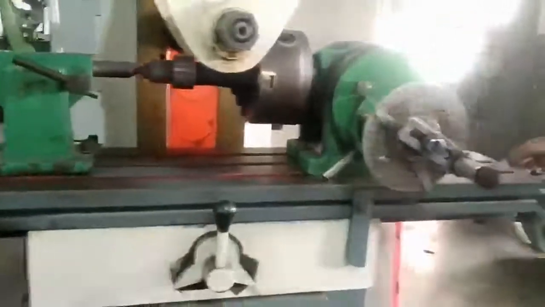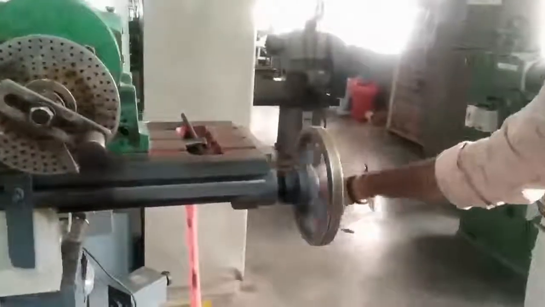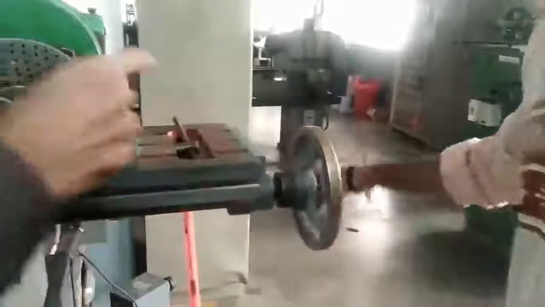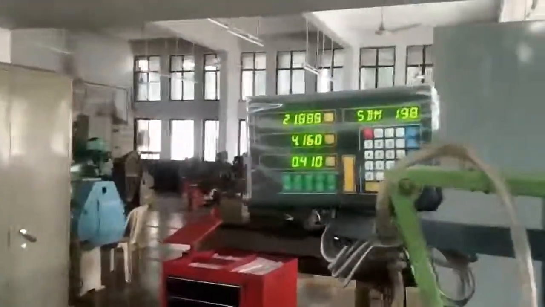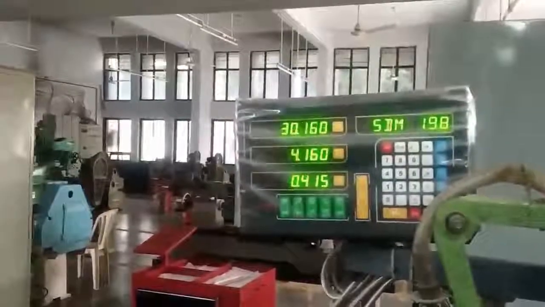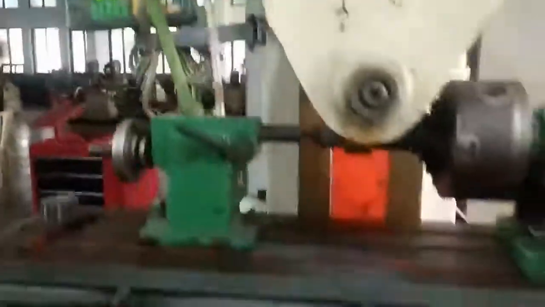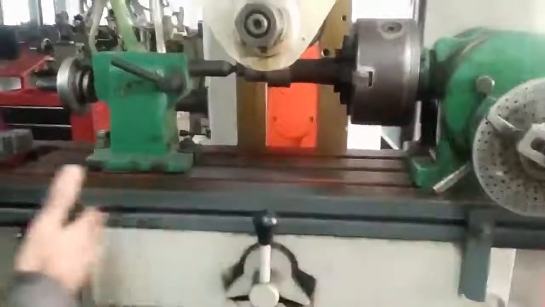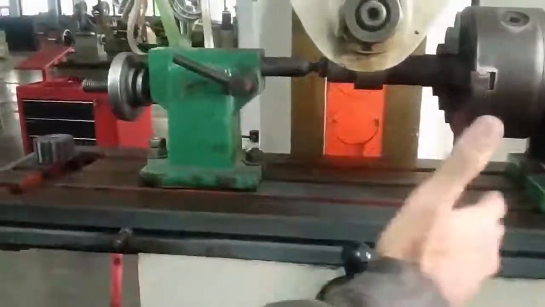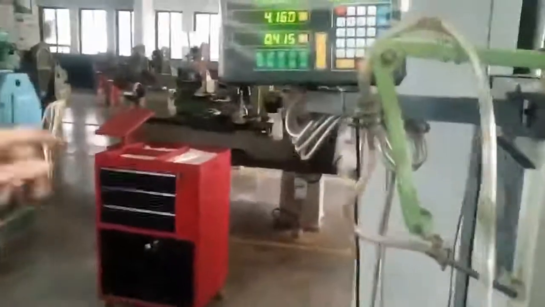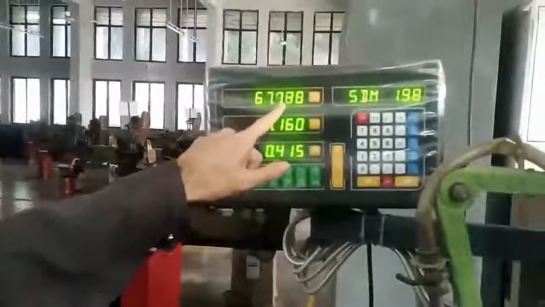And now let's see the X direction movement that is provided by that hand wheel. Here this work table is moving in this direction. So it is the movement in the X direction. On the display unit also you can see it is moving in the X direction. So these are the three main movements which can be provided to the work table.